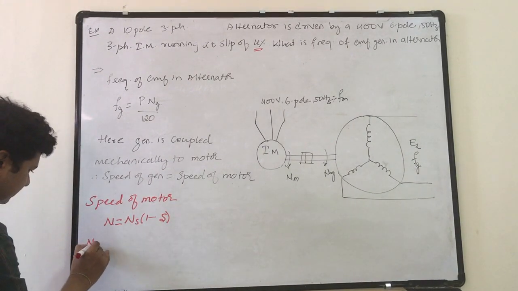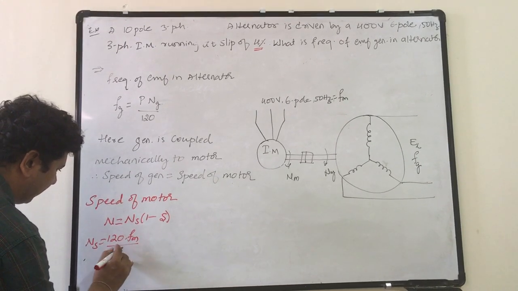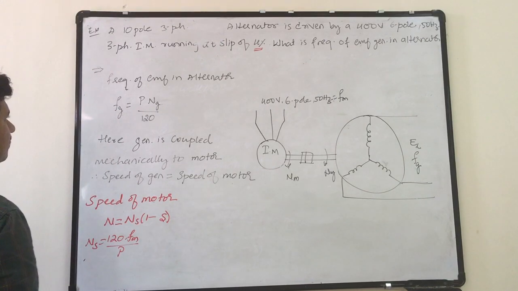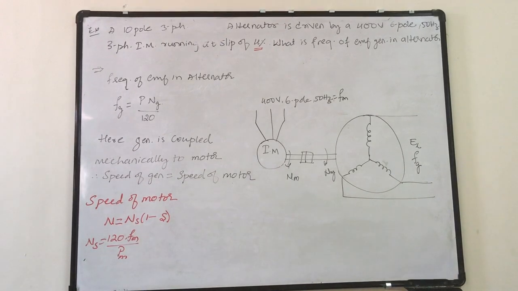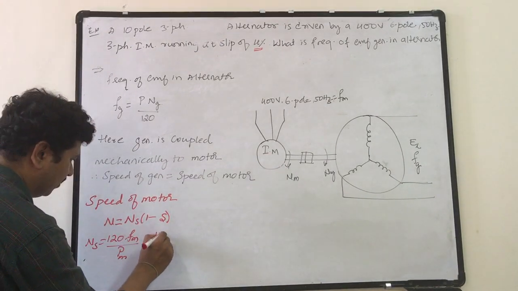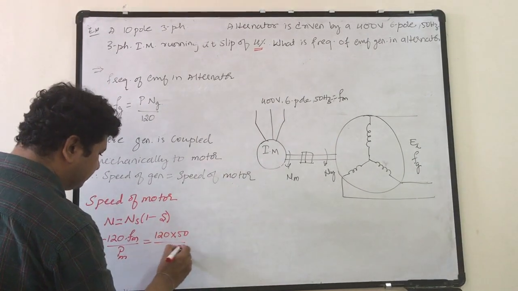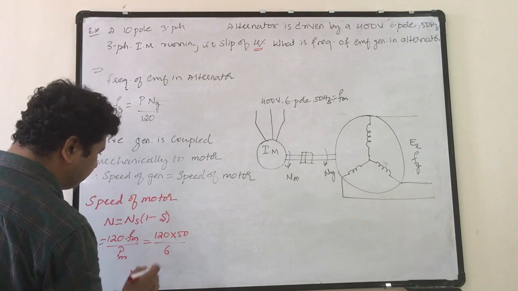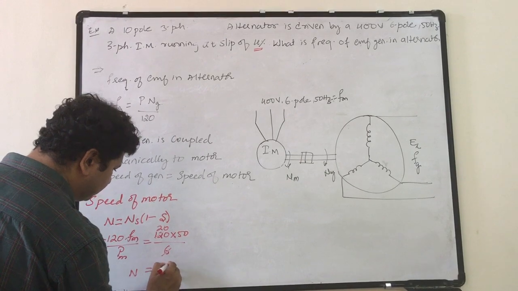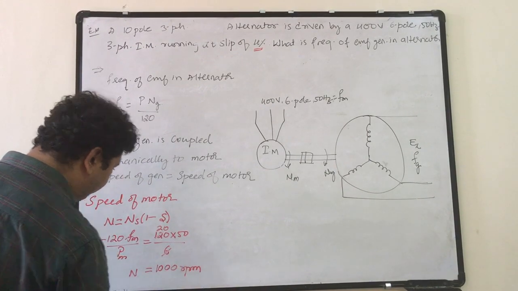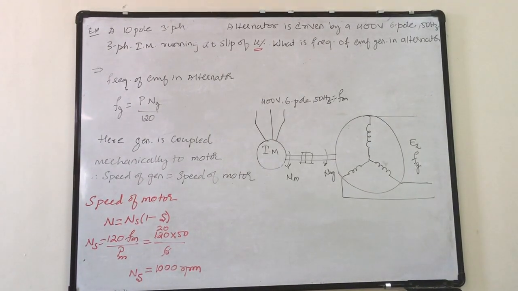What is the Ns? It is 120 into motor frequency divided by number of poles of motor, you can take Pm. So this equals 120 into 50 divided by number of poles in motor, which are 6. So Ns is 1000 RPM.